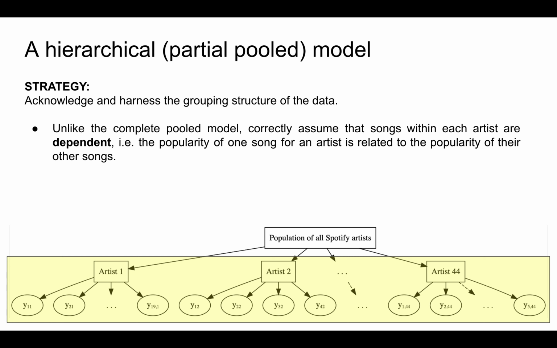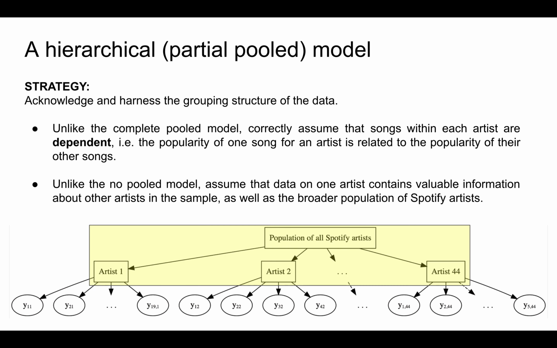This idea is reflected in the lower levels of our diagram here, which groups songs by artist. Further, unlike the no-pooled model, a hierarchical model correctly assumes that data on one artist contains valuable information about other artists in the sample, as well as information about the broader population of Spotify artists. This idea is reflected in the top level of our diagram here, which connects all artists by the population from which they were sampled.